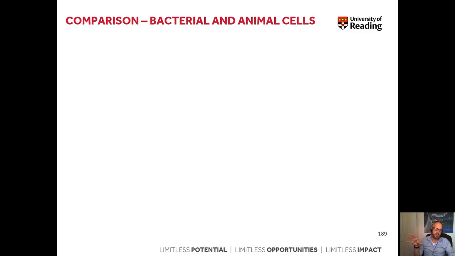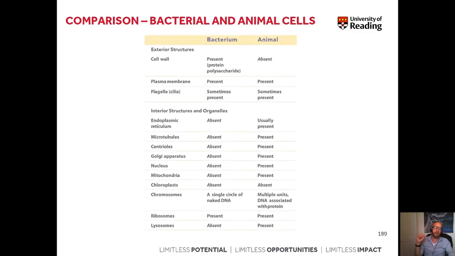Before I close the session, let us briefly recapitulate what we know about the differences between bacterial and animal cells. Regarding the cell wall, this is obviously absent in animal cells, but is present in bacteria. The plasma membrane is present in both cell types.